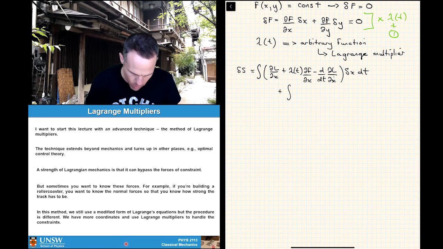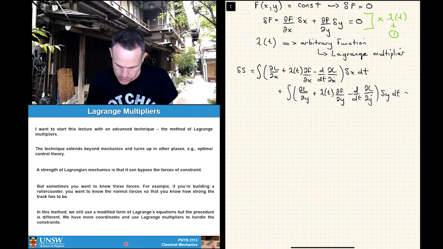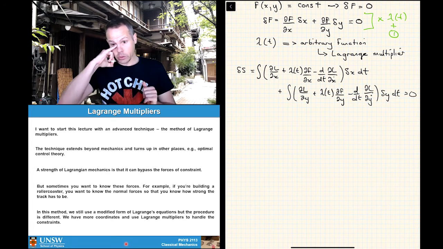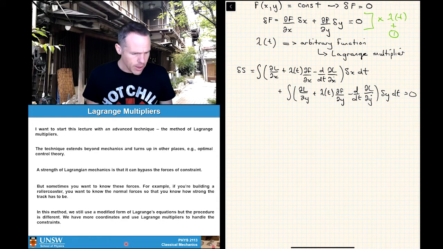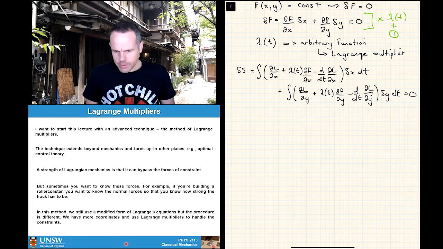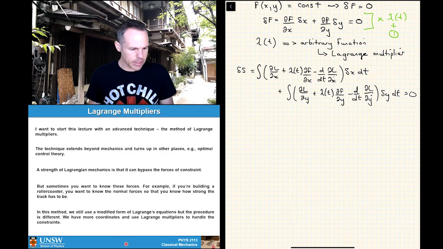We're going to have a similar one in y: dL/dy plus lambda of t df/dy minus d/dt of dL/dy-dot, times delta y, dt. And of course this thing is going to stay equal to 0 because I took something that was equal to 0 and added something that was equal to 0 to it. At this point it's like, okay, we're going somewhere, let's see where we're going. But there's some inspired genius behind this whole thing, and here's the clever bit.